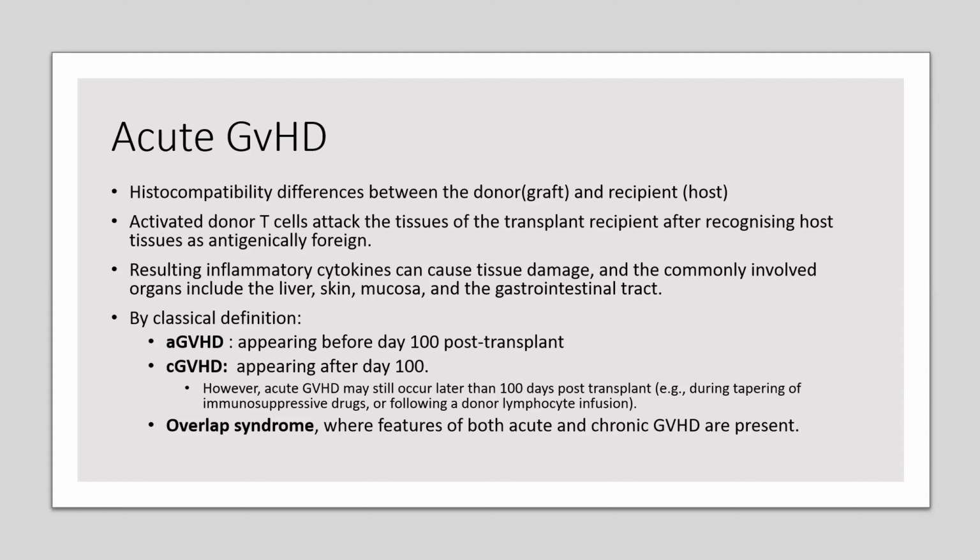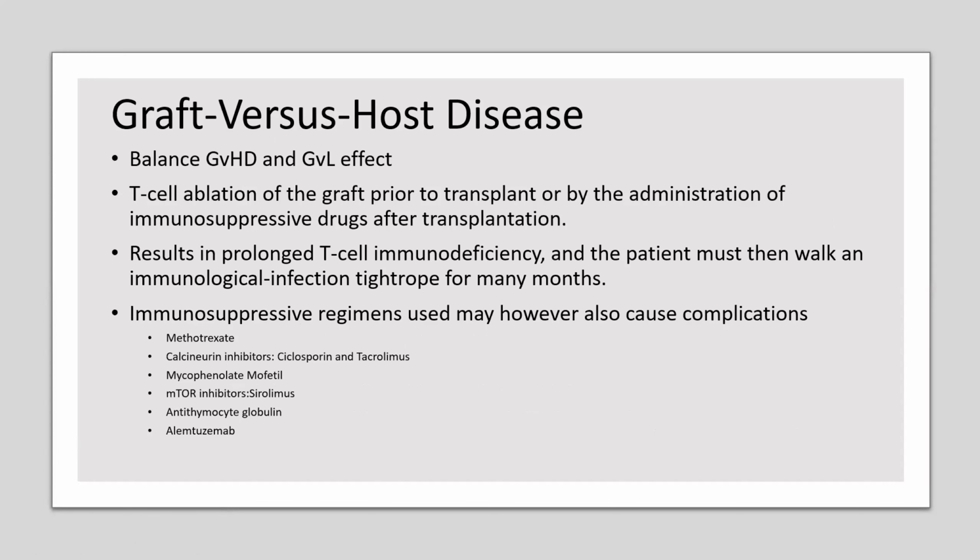By classical definition, acute graft versus host disease appears before day 100 post-transplant, whereas chronic graft versus host disease occurs after day 100. However, acute GVHD may still occur later than 100 days, or there may be an overlap syndrome where there are features of both acute and chronic graft versus host disease present.